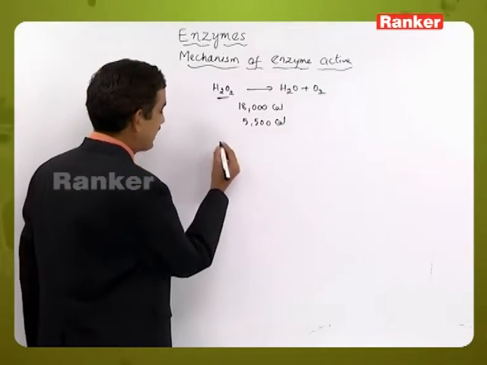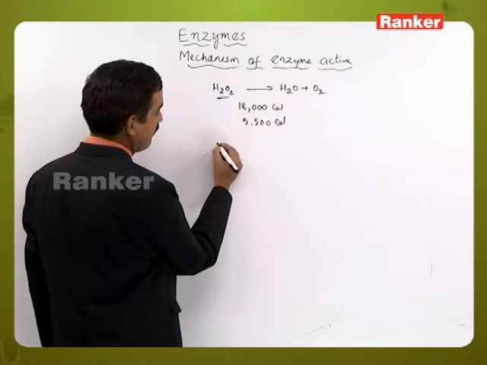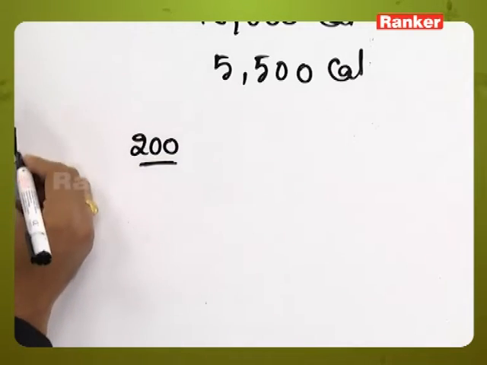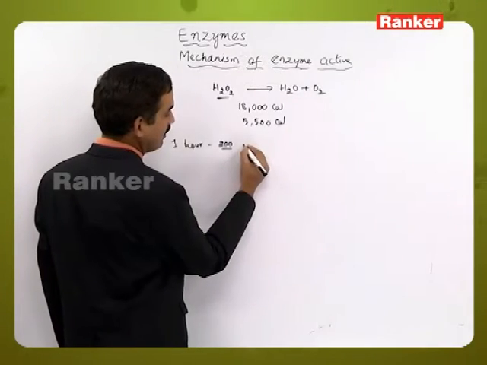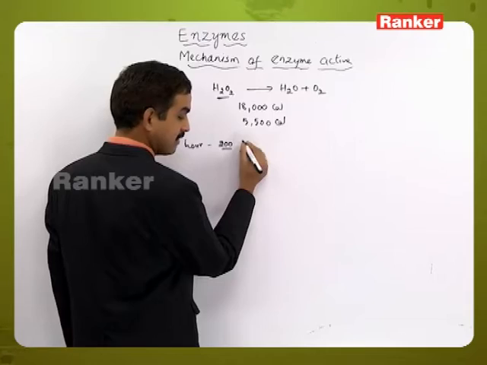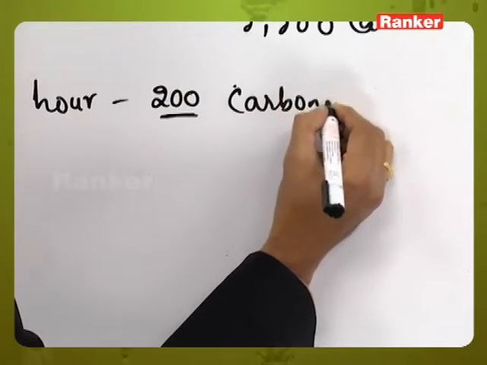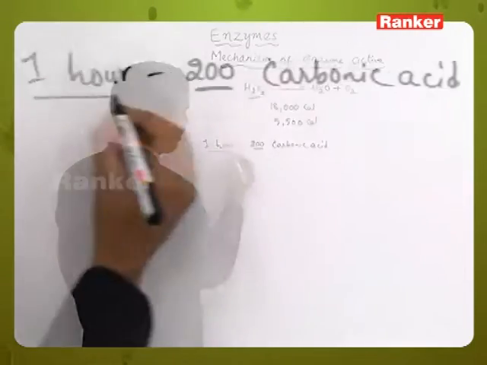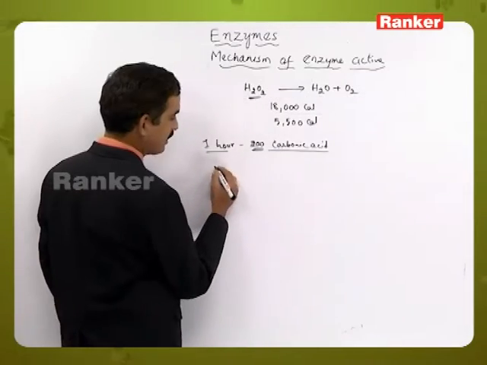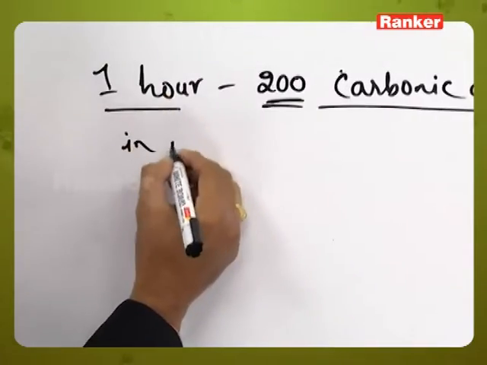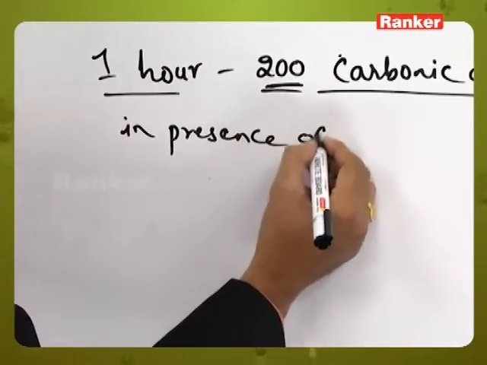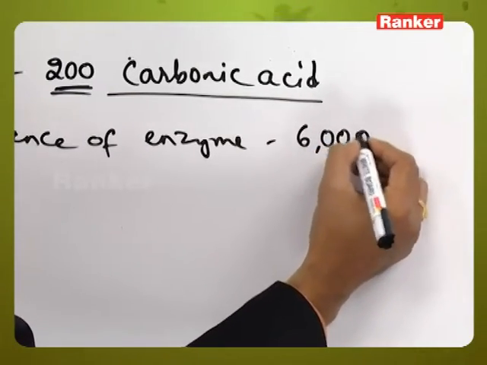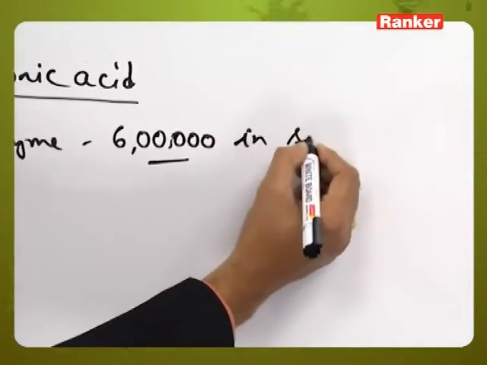And apart from this, here is one more example, the catalytic activity of carbonic anhydrase, in the formation of carbonic acid. In absence of enzyme, it will take 1 hour to produce 200 carbonic acid molecules, but if the same reaction takes place in presence of the enzyme, 6 lakhs of carbonic acid molecules are formed in a second.